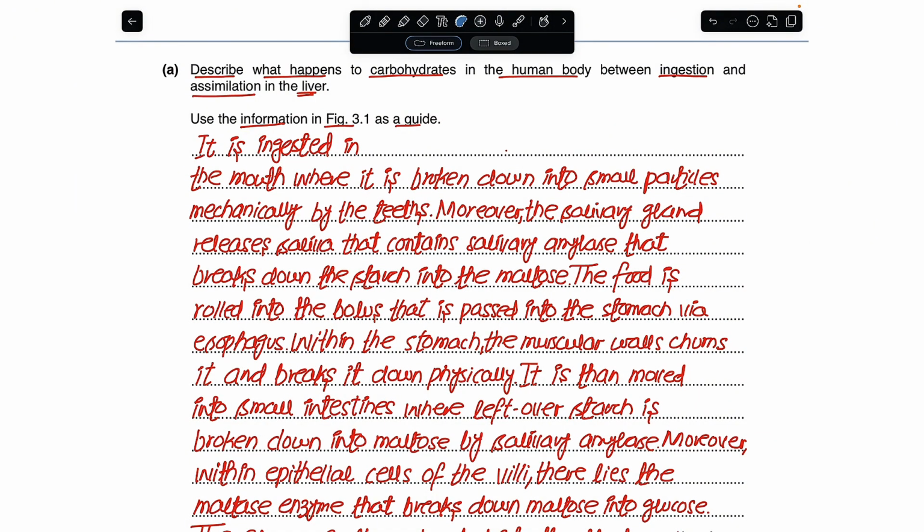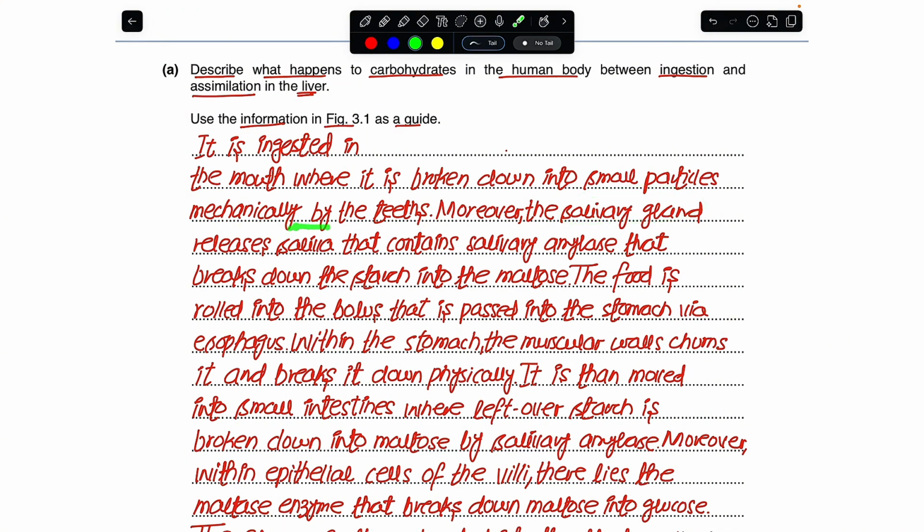Initially, the carbohydrate is ingested in the mouth, and in the mouth it is broken down into small particles, which is the mechanical digestion by the teeth. At the same time, the salivary glands come into play.